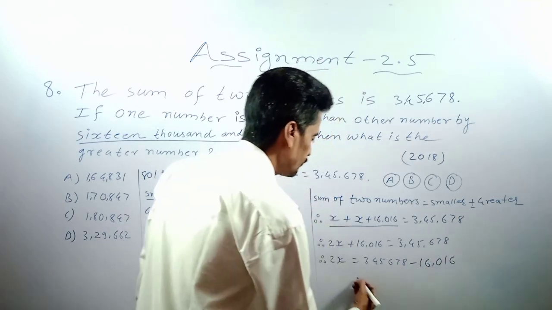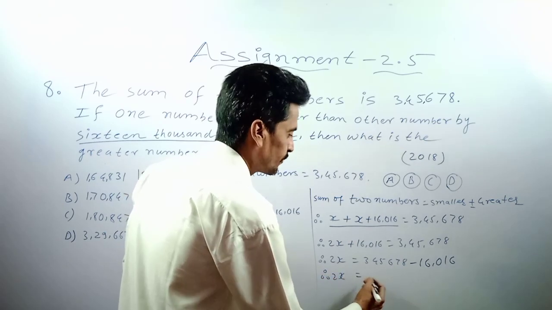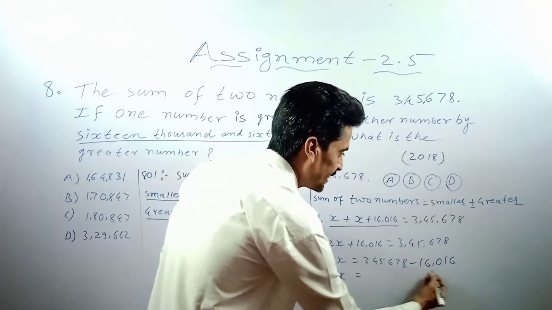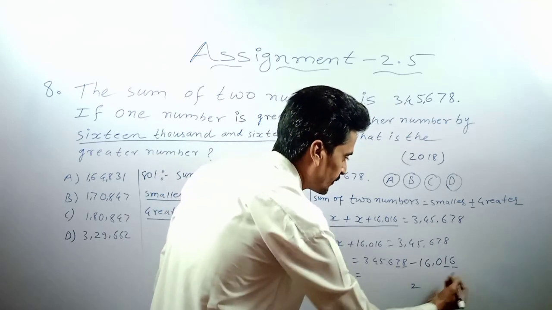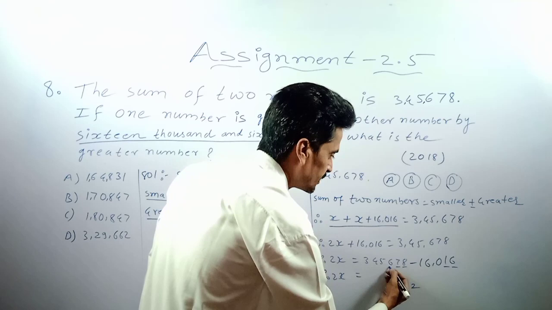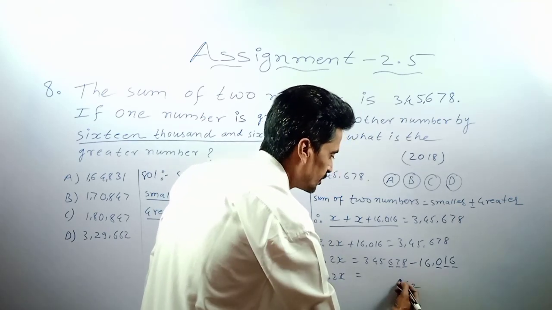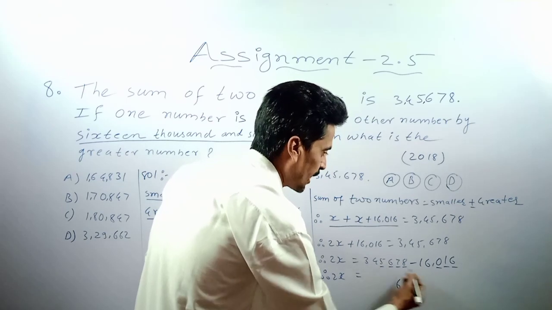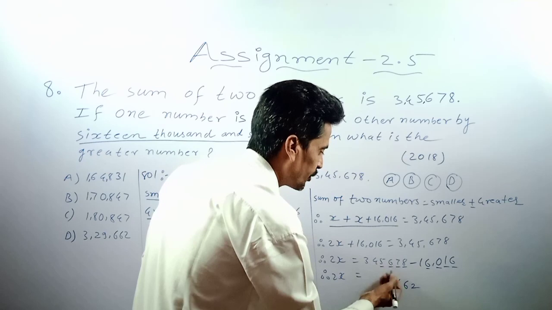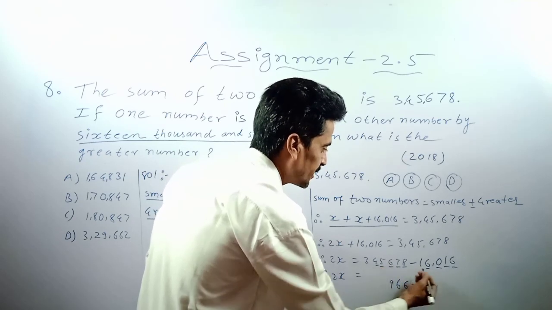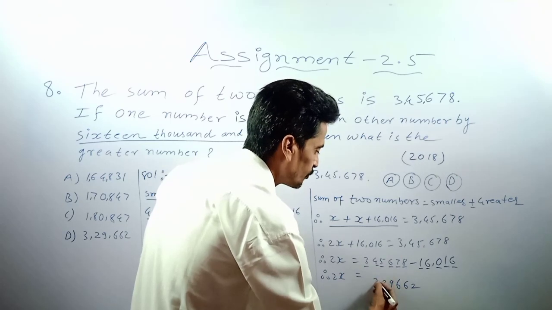Therefore 2x equals 8 minus 6 is 2, 7 minus 1 is 6, 6 minus 6 is 0, 6 minus 0 is 6, 5 minus 6 can't, that's why 15 minus 6 is 9, borrowed 1, 3 minus 1 is 2, and 3 is 3.